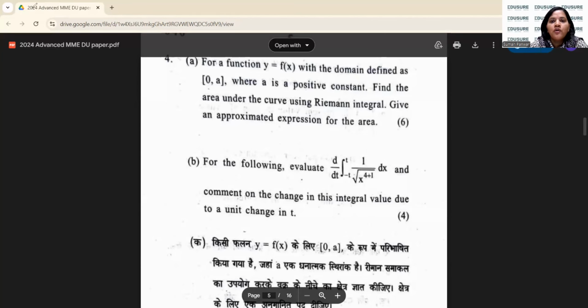Okay, so let us see how we are going to approach this problem. This is basically the entire concept of Riemann integral. So let's see how we can approach this.